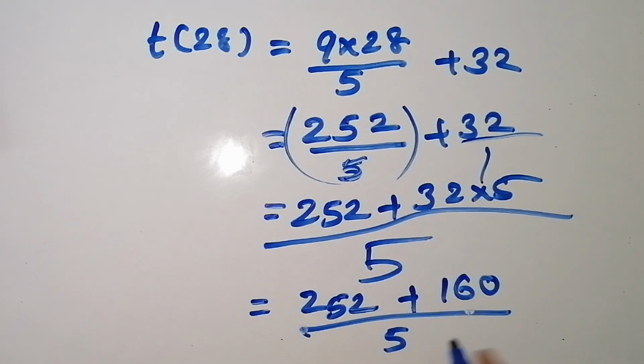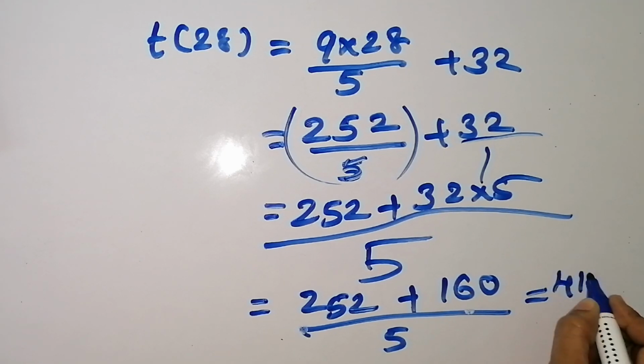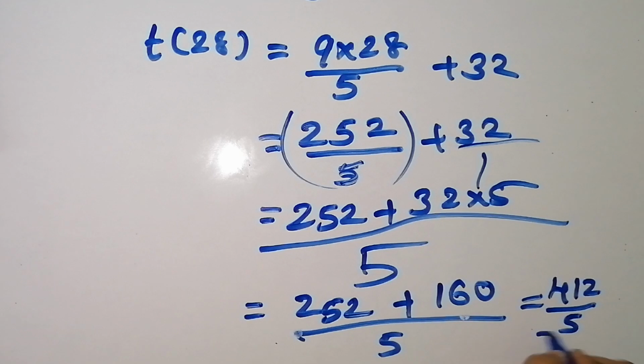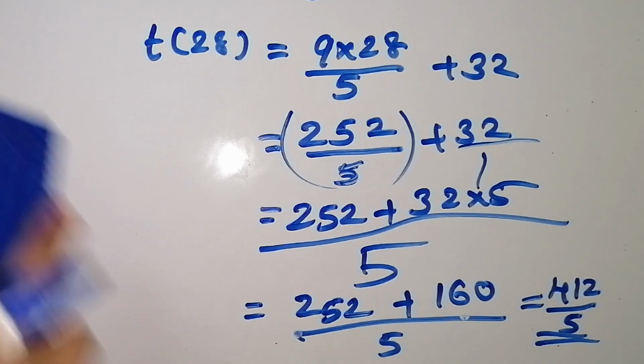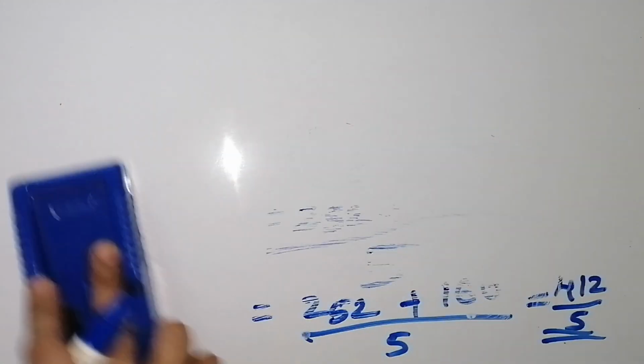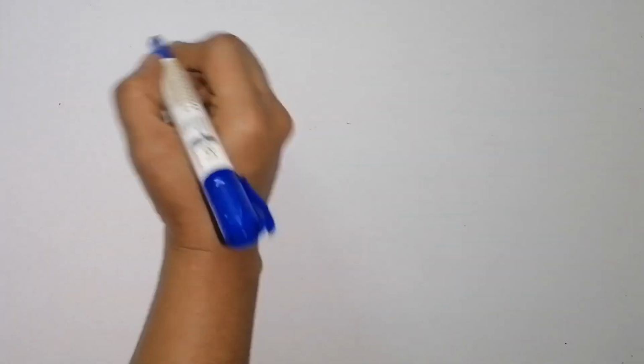We add both terms and get 412 divided by 5. This is our final answer. Next we move to the problem where we have to find t of minus 10.